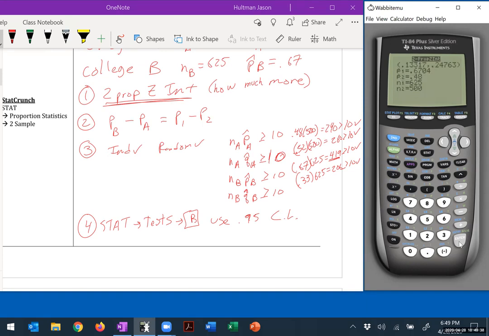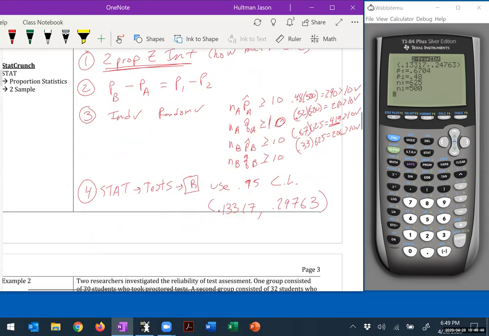Okay, so this tells me that I have 0.13317 to 0.24763. So what's my conclusion here?